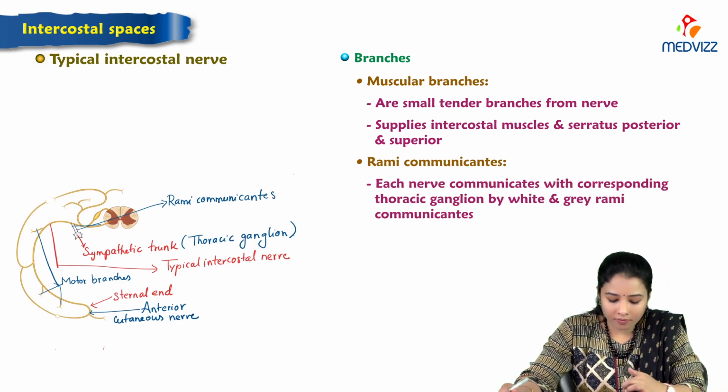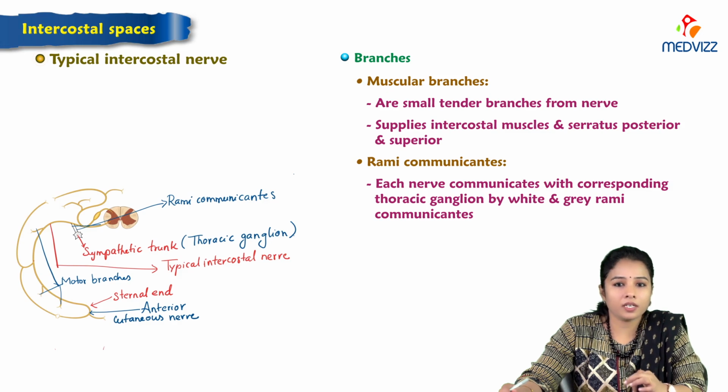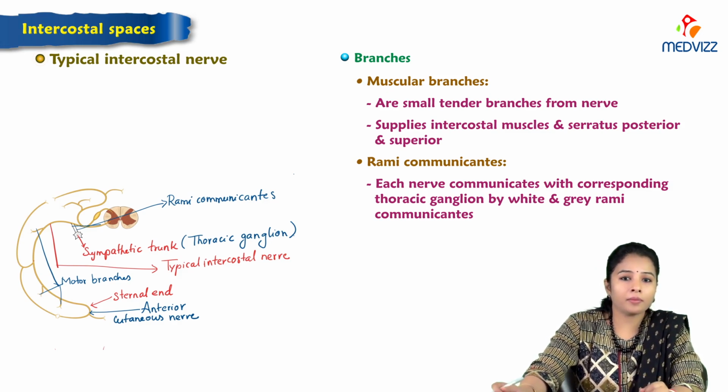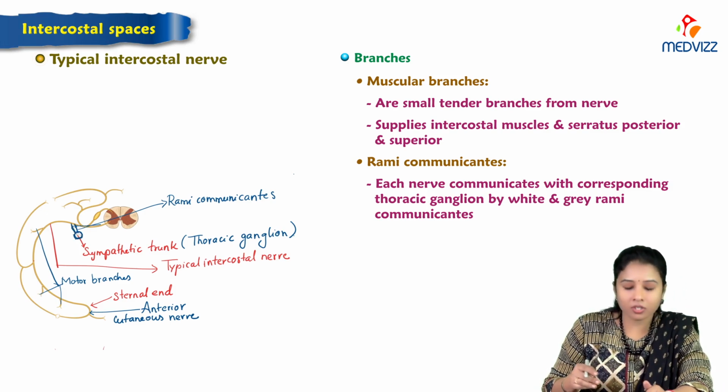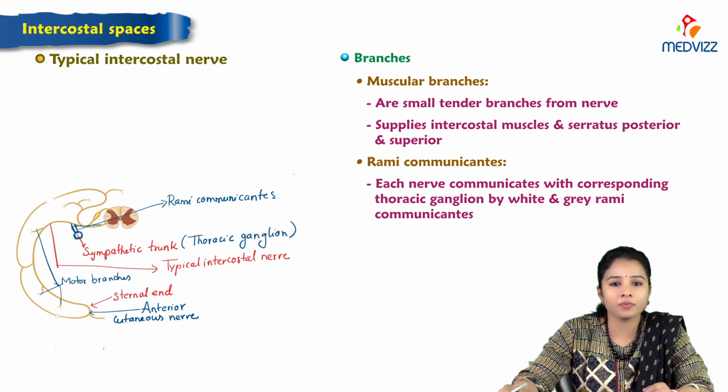So each nerve, we can see, communicates with the corresponding thoracic ganglion by white and grey rami communicantes. So these are white and grey rami communicantes, you can see here, where it communicates with the sympathetic ganglion, which is nothing but the thoracic sympathetic ganglion.